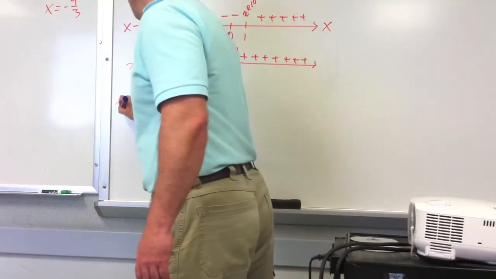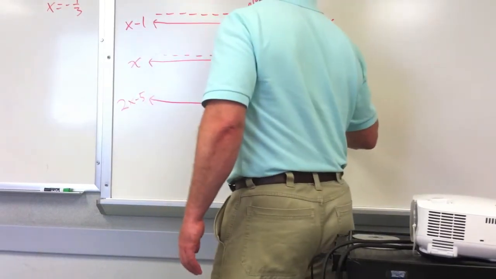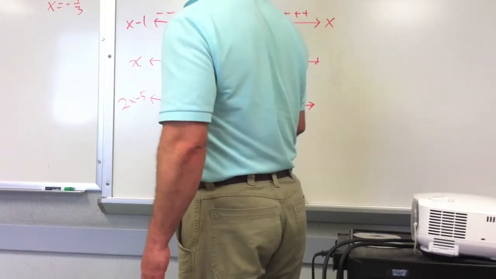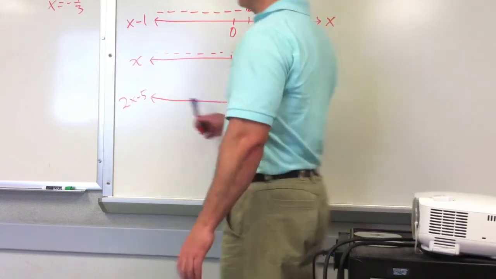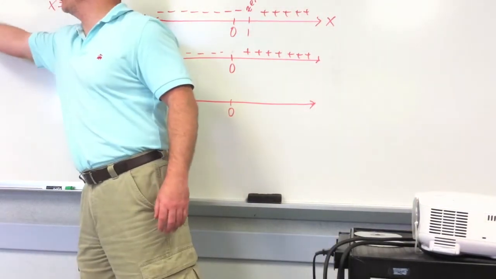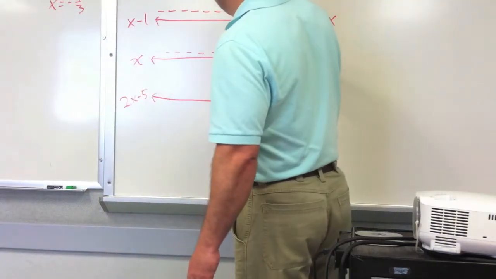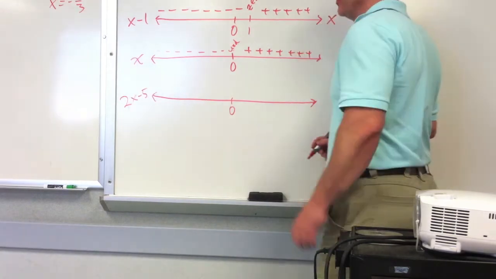And lastly, 2x minus 5. But actually, wait a minute, I'm sorry. When x is equal to 0, what happens to this whole function? Undefined. So over 0 here, I want to write undefined, because that's how the function behaves there.